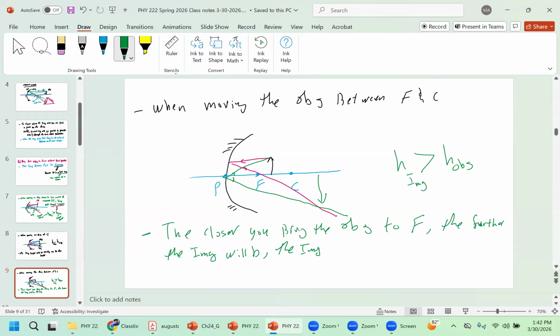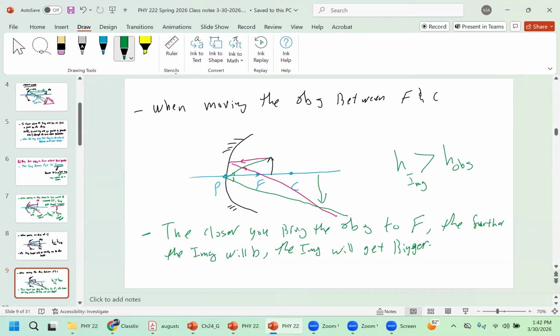Now the image will get bigger. Okay? So the image will be bigger and bigger.